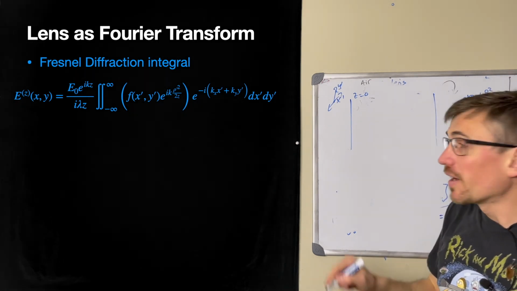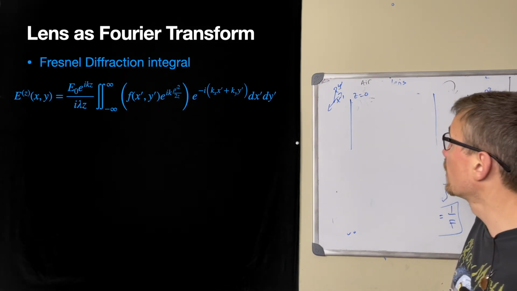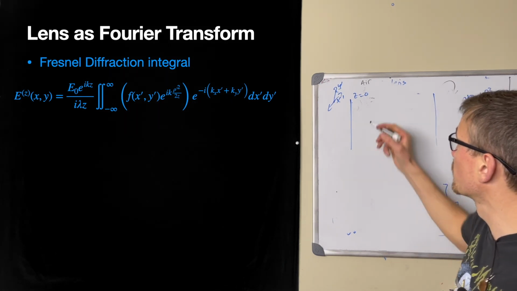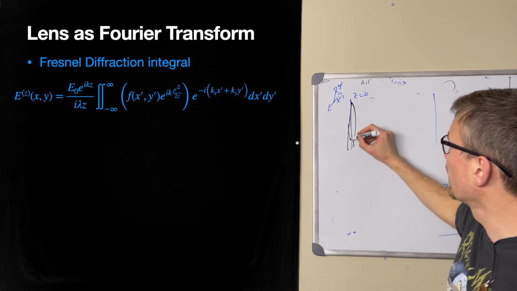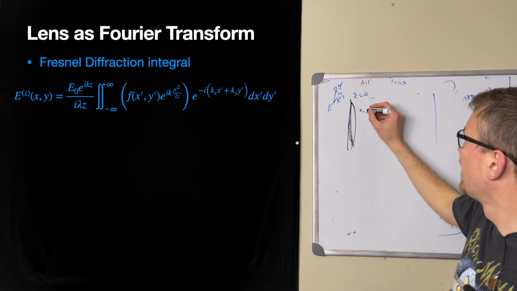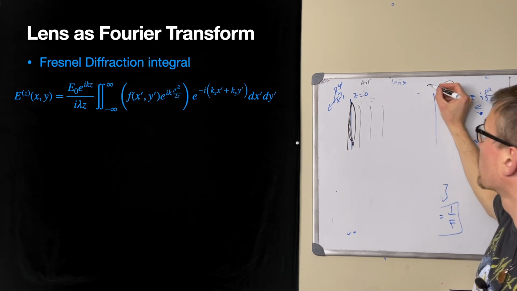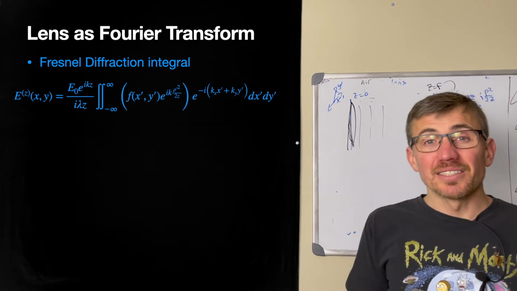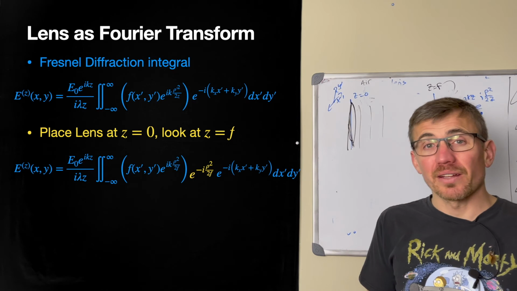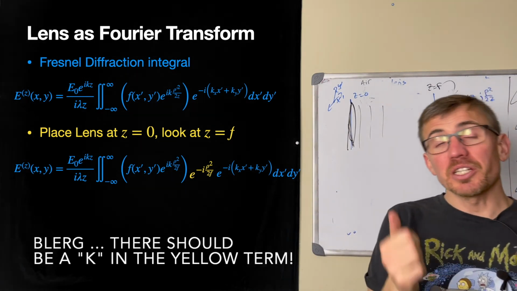So let's modify it a bit. Immediately after that x prime, y prime, z equals 0 plane, we're going to put a lens. Okay, we'll put a lens right here, a very poorly drawn lens, and look downstream, a distance f away. And what is that lens going to do? Well, it's going to impart a quadratic phase shift. So at that distance f away, this is the expression that we're going to get.